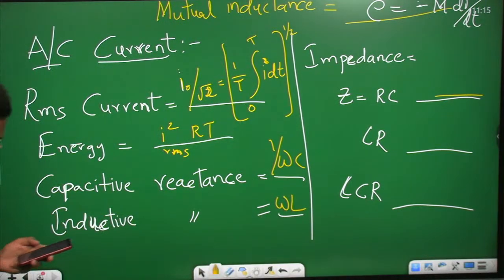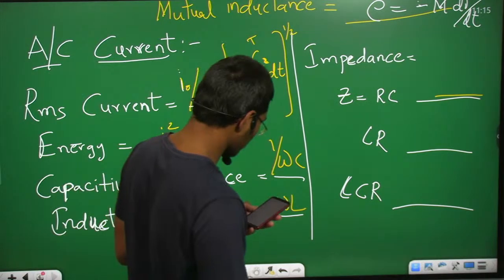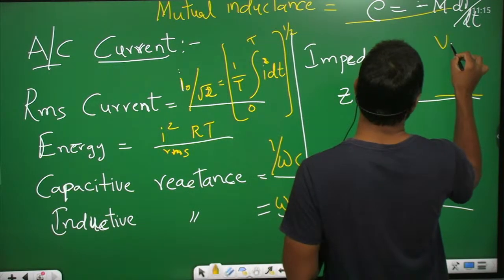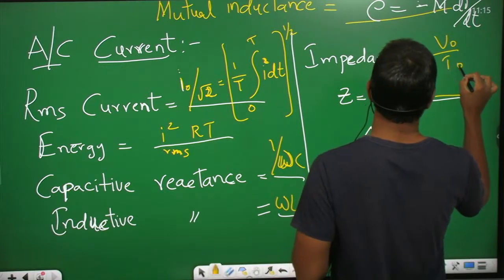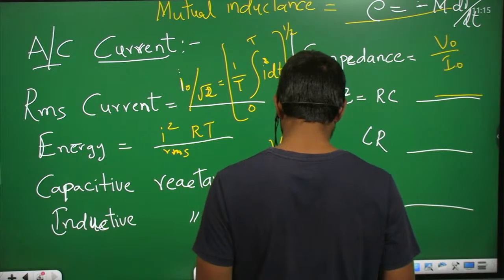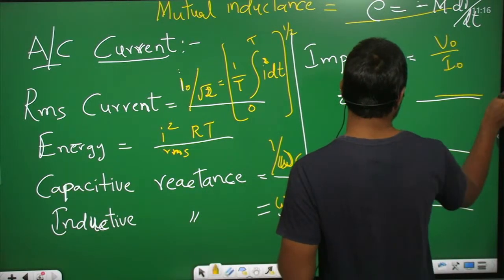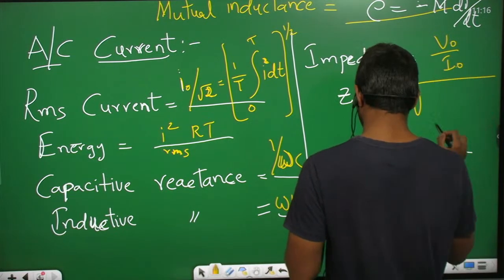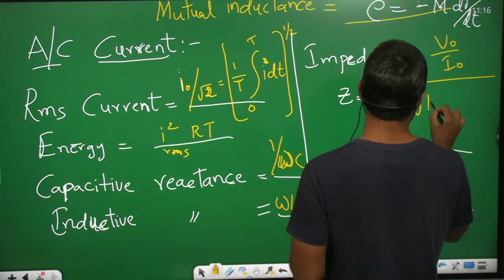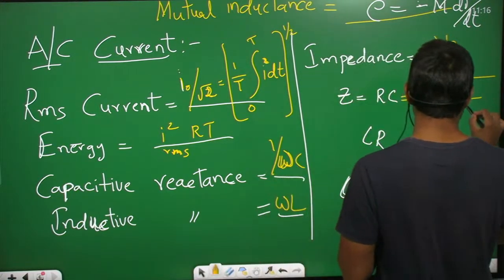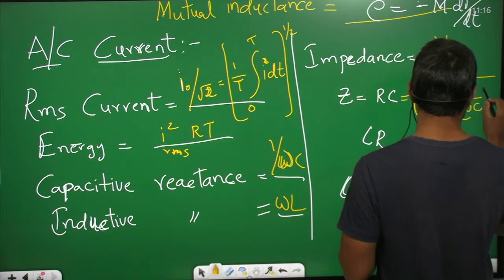So what is this impedance? It is nothing but V naught by I naught. What is the value of Z for RC circuit? Under root R square plus 1 by omega C whole square.